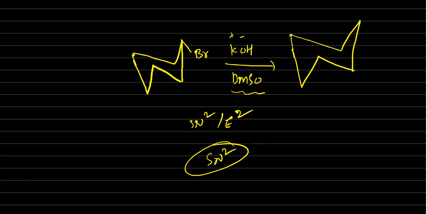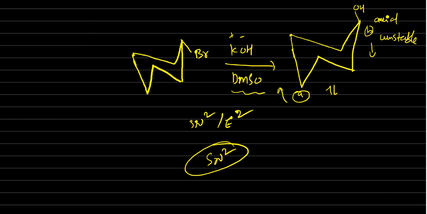OH will come like this. Okay, but it is in an axial position, so unstable. So immediately it will convert like this, flipping happens, flipping. So this position, A position going up, right? This position is going up, this B position will come down.